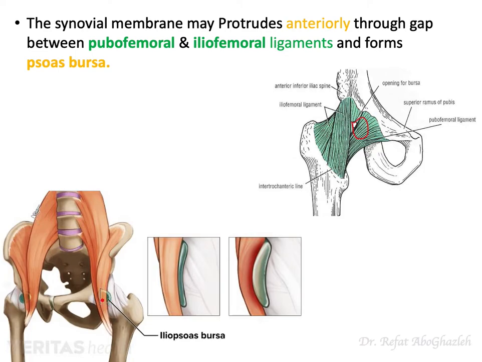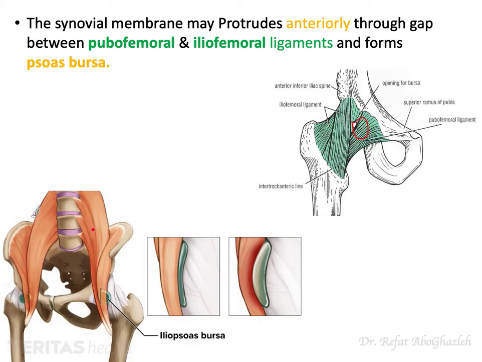This iliopsoas bursa, and bursae in general, act as a cushion that decreases the friction between, for example, muscle, tendon, and another ligament or structure. In this case, you see the iliopsoas bursa, which takes its name from the iliopsoas muscle.